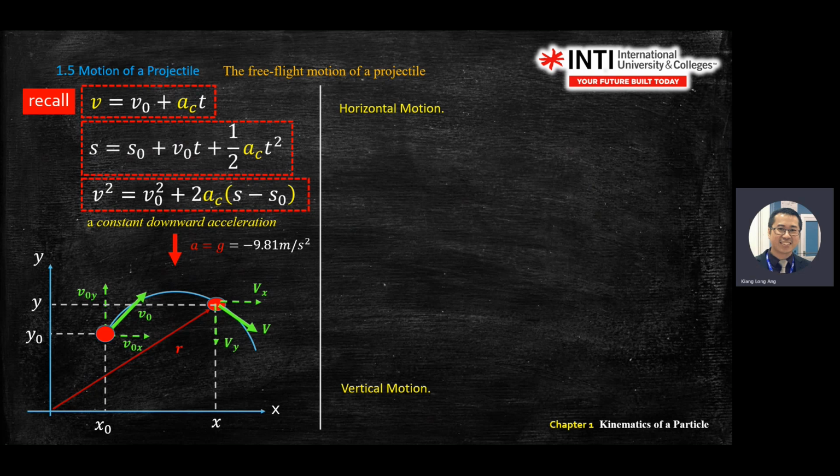I will solve all the forces, all the positions, all the velocities, accelerations, I only focus on one direction first. I solve vertical or horizontal, one side, then only I combine the answer.